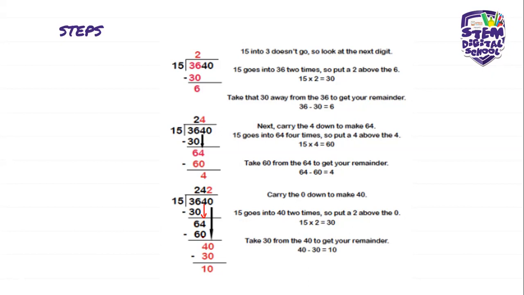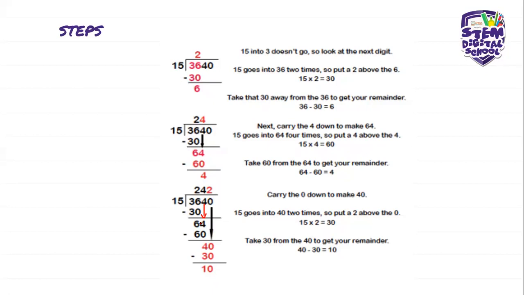Is 60. And then after you write 60, the remainder will be 4. And then after that, the remainder will be 40. Yes, but remember that there's still a zero.